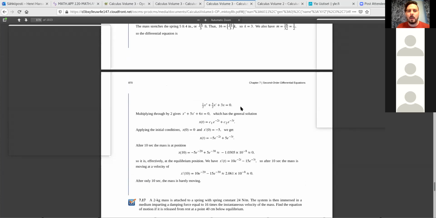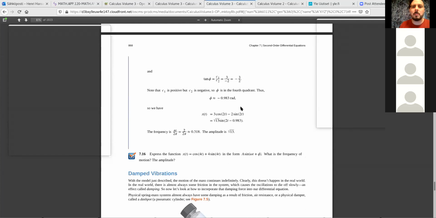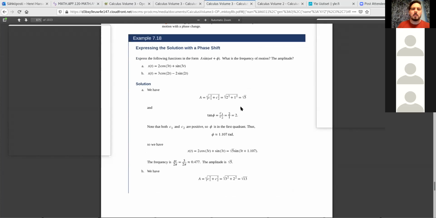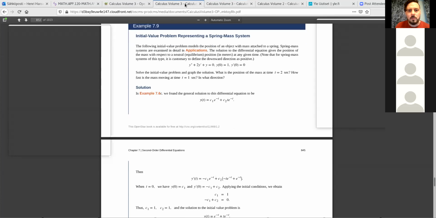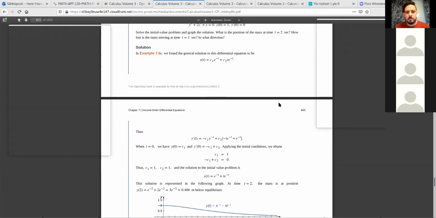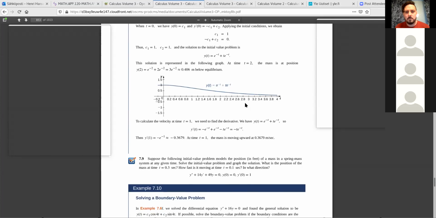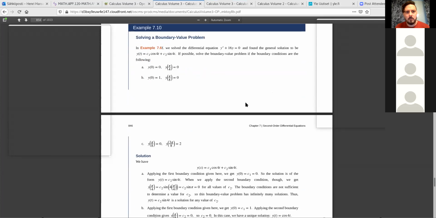All right, we seem to be running out of time a little bit here, so I won't go any further. I'll just go back to this second order differential equation. Here are some examples.